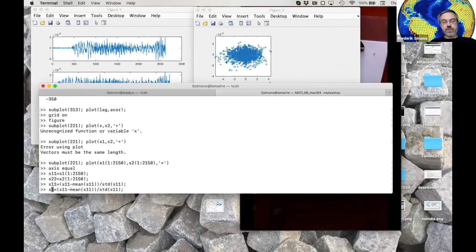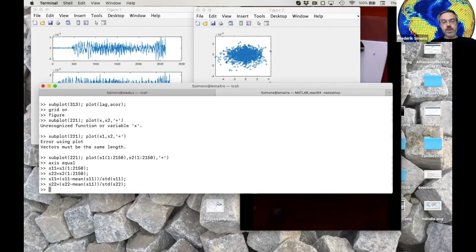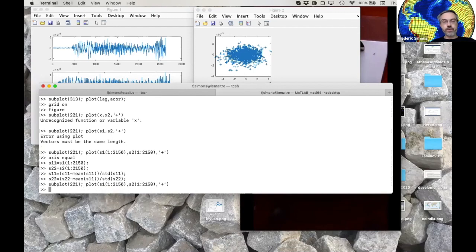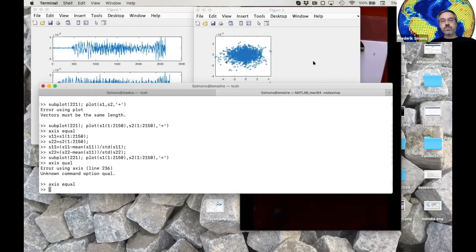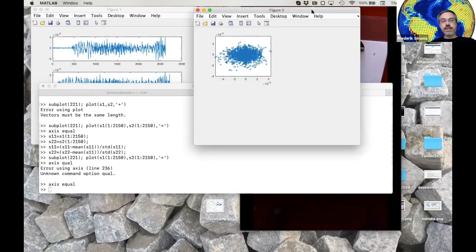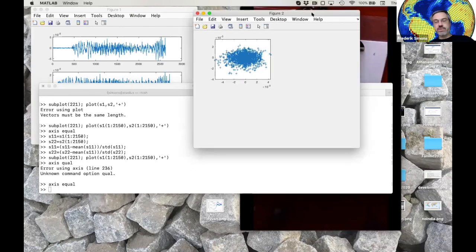So centering and scaling, always a good idea. Same thing for S22. Replot my cloud here in this subplot. Okay, and then I'll say axis equal, and then at least I'm looking at the same numbers of standard deviation representing the same amount.